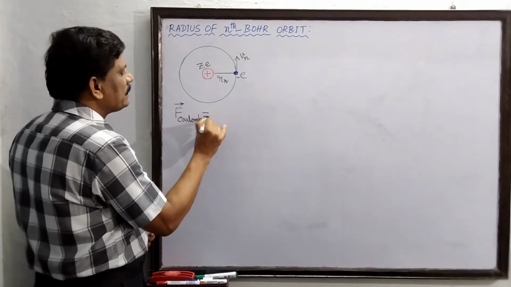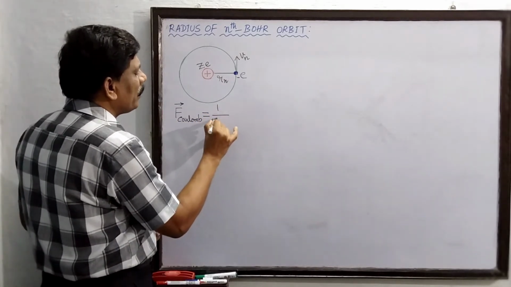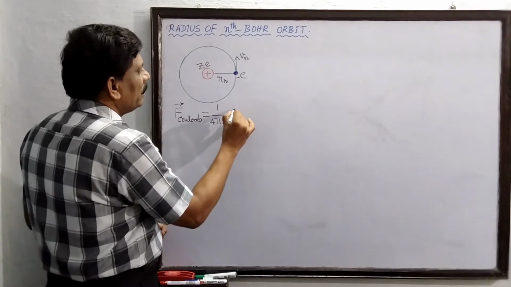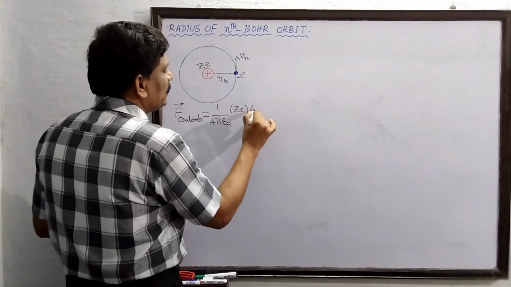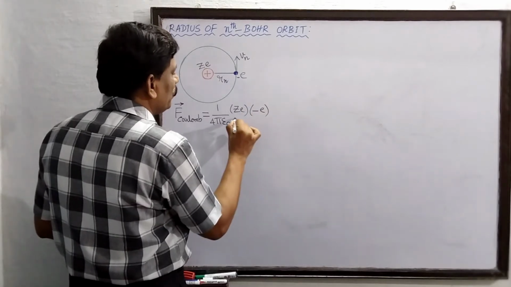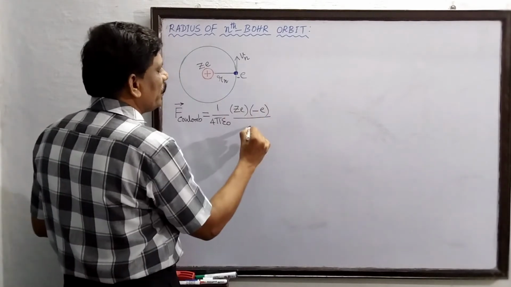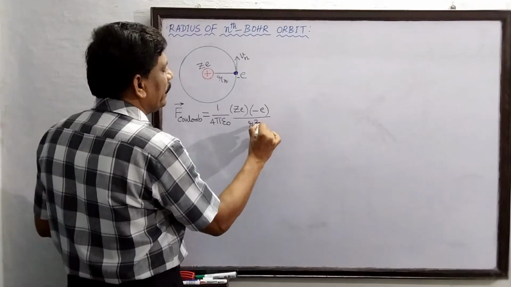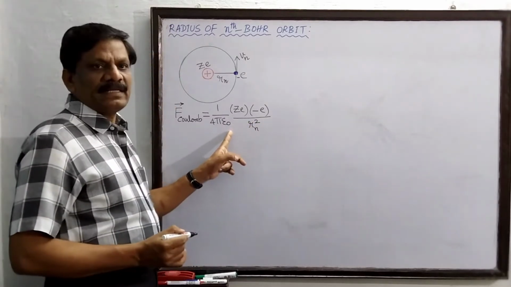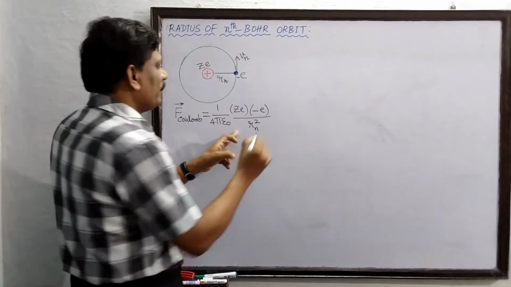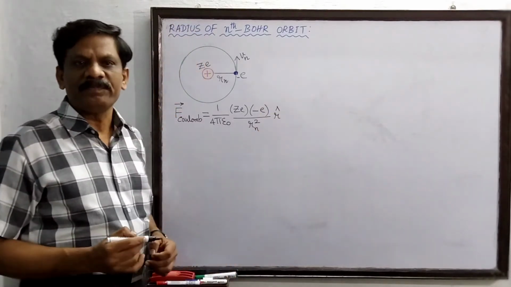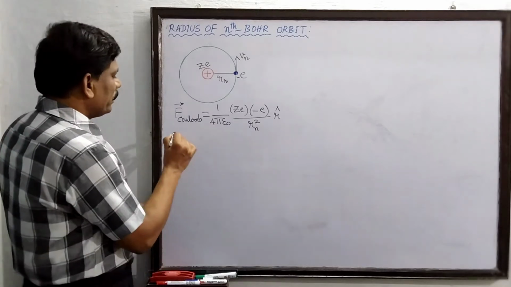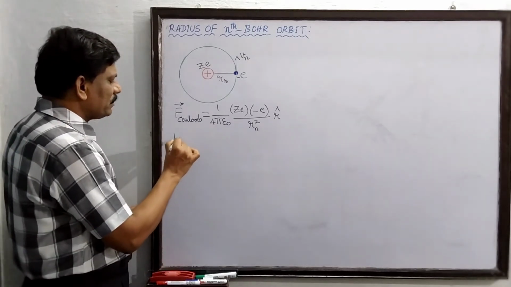This Coulomb force is equal to 1 by 4 pi epsilon naught into the charge of the nucleus, which is positive, the charge of the electron, which is negative, divided by the distance squared, Rn square. Since it is in vector form, I should multiply by the unit vector r cap. So what is the magnitude of this force?